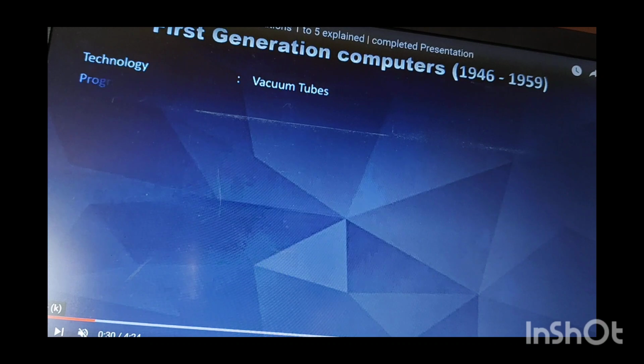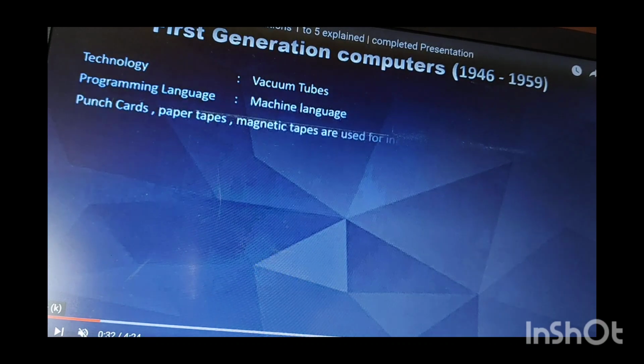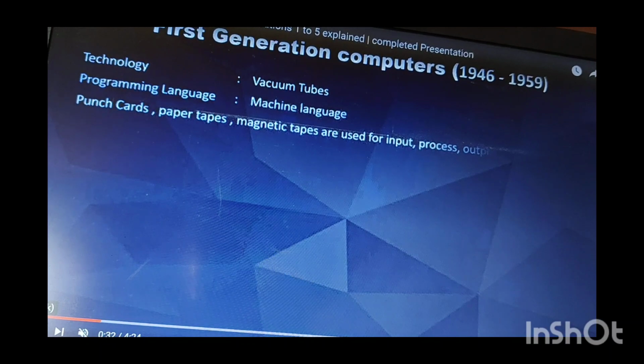So in the first generation of computers, the technology was based on vacuum tubes. The span of this generation was from 1946 to 1959. Vacuum tubes were very important for the circuits, and magnetic drums were used for computer memory.